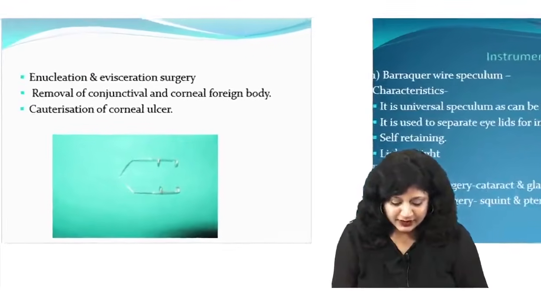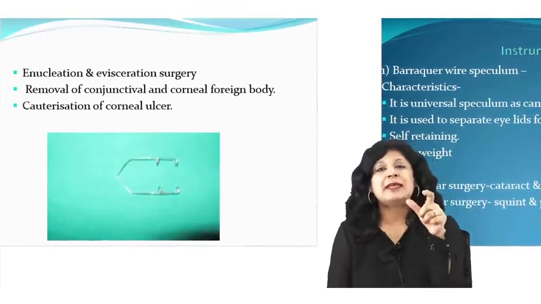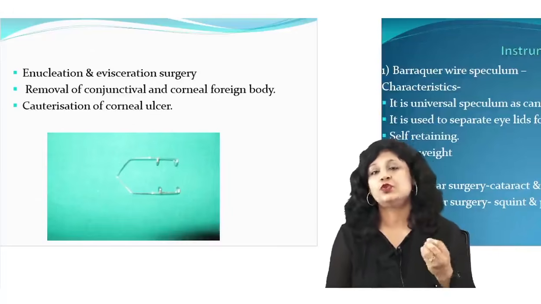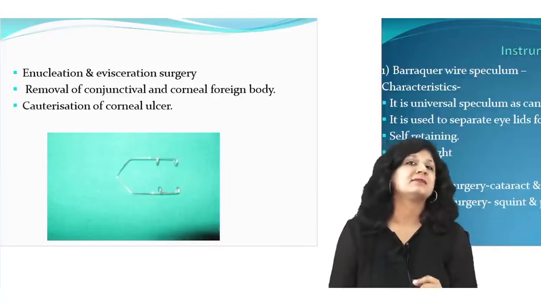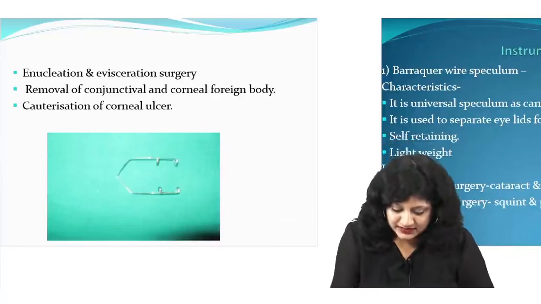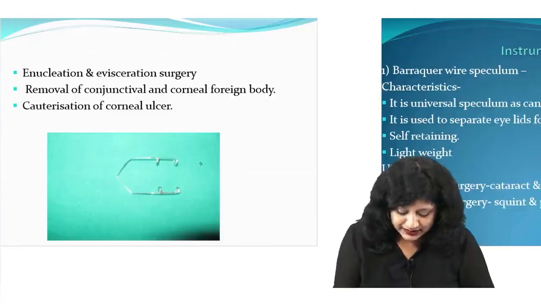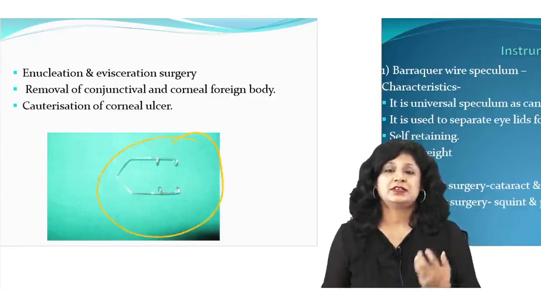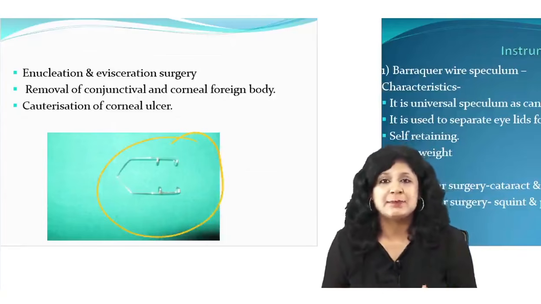In the first one, I am beginning with the very basic instrument, and that is one instrument that you use a maximum of the times. Can you see this? What is this actually? This instrument is a universal speculum. It is called the speculum.